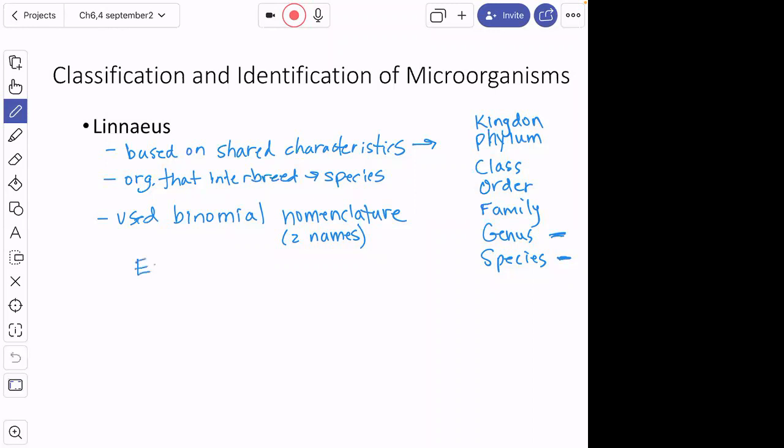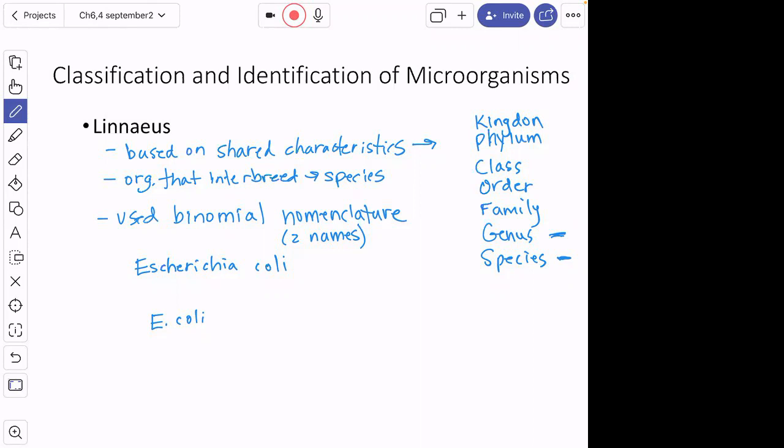A bacterial example, Escherichia coli. Escherichia is the genus, coli is the species. We often abbreviate that E. coli, that's such a common organism that everybody knows what you mean by E. coli. But once you've written Escherichia out once in a paper, then after that you can abbreviate the genus.